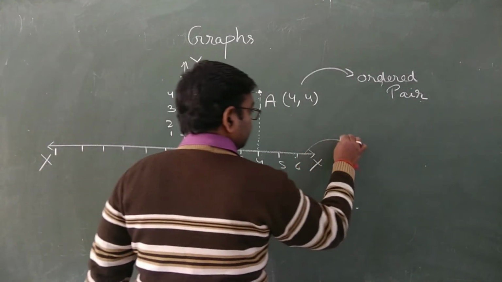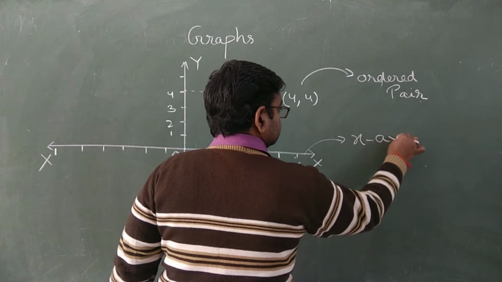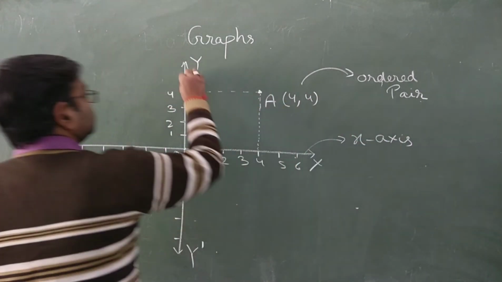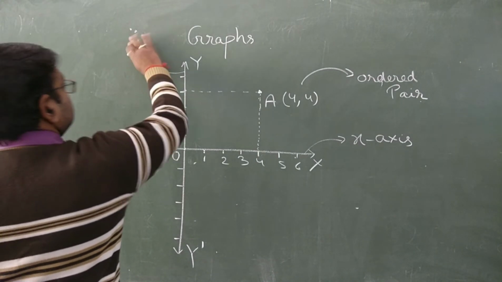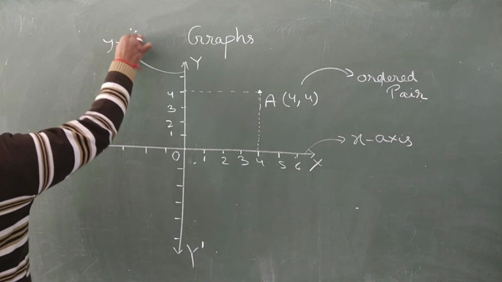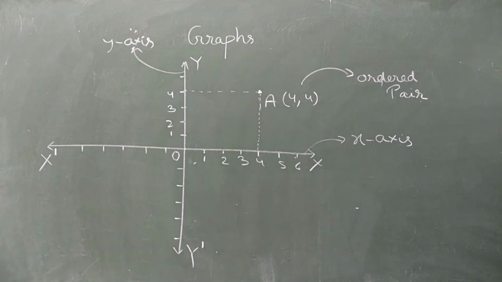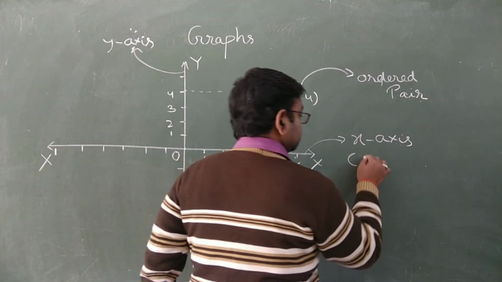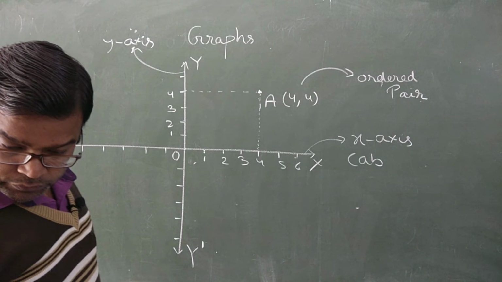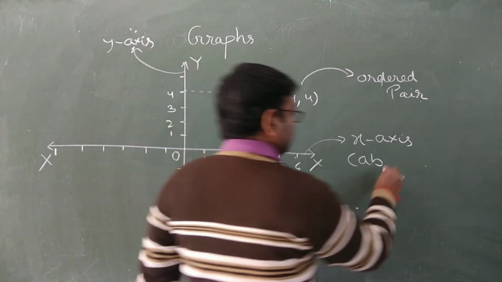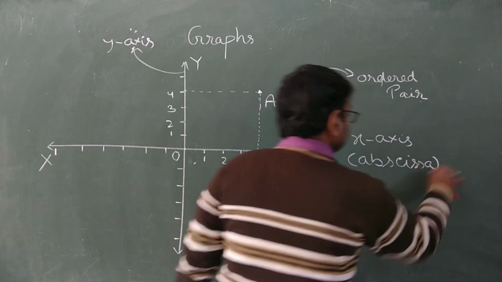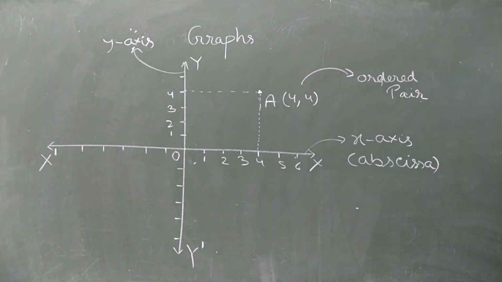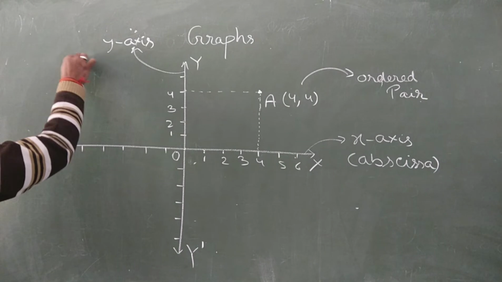Now these axes, which we drew exactly at the middle of the graph paper, are known as your axes of reference, and this is your x-axis and this is your y-axis. Clear? The other name of the x-axis is abscissa. The name of the y-axis is ordinate.